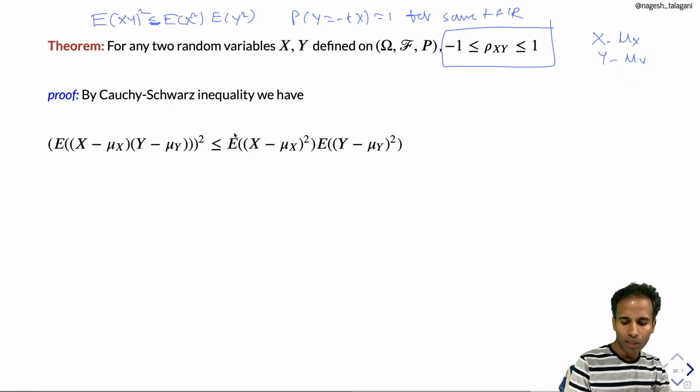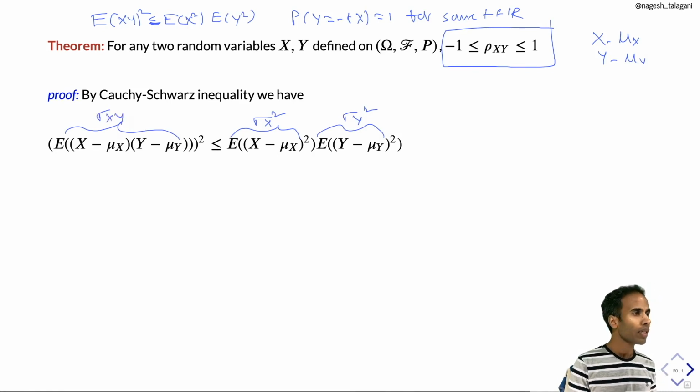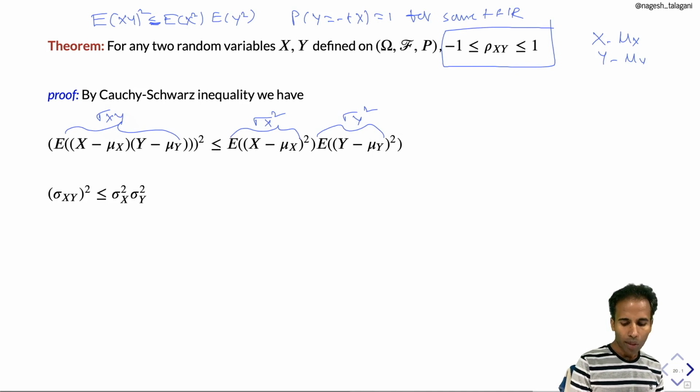By definition, this is nothing but variance of X, this is nothing but variance of Y, and this is nothing but the covariance between X and Y.